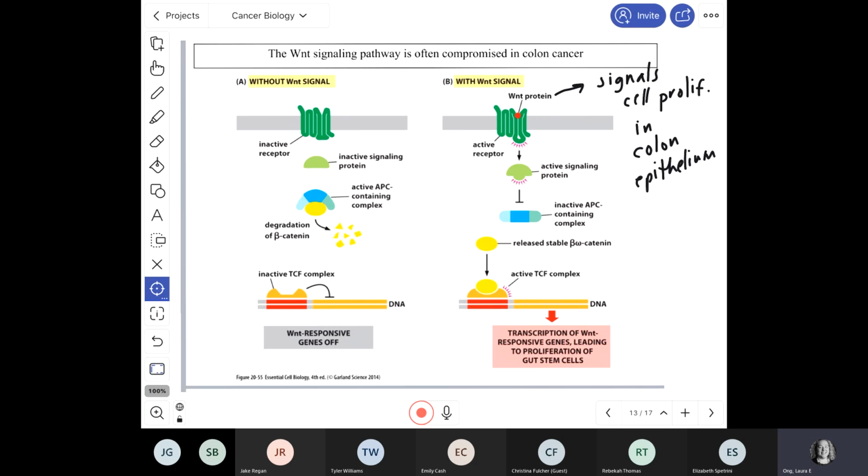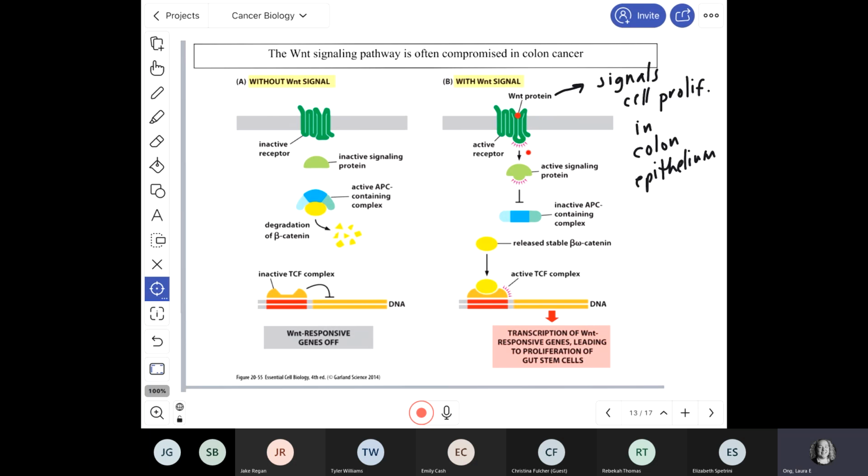So we see here that when Wnt is present, Wnt is the red dot, it's binding to a GPCR, and it will activate the GPCR, which then activates G proteins that are not shown here.